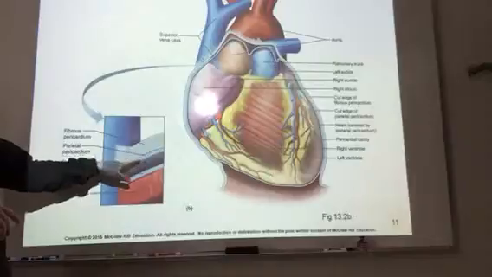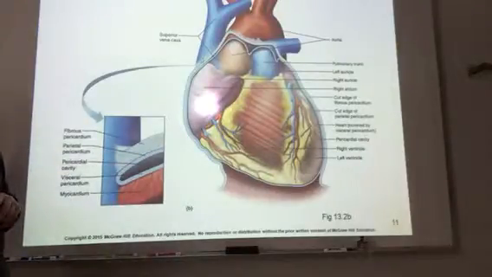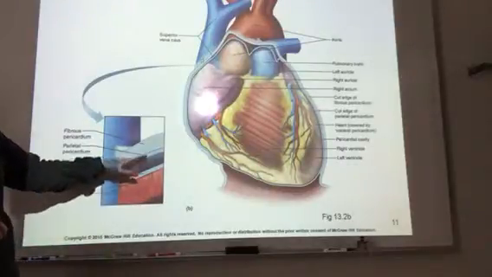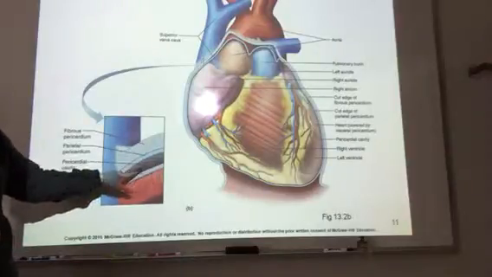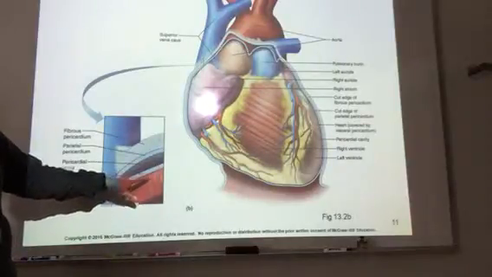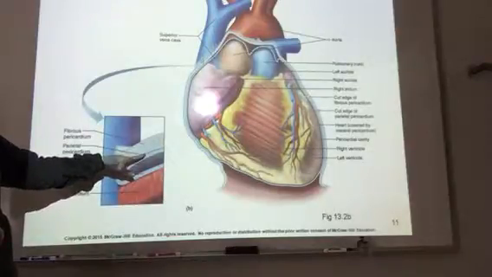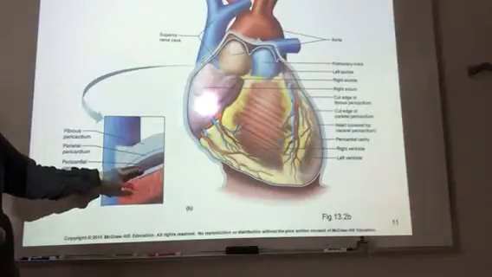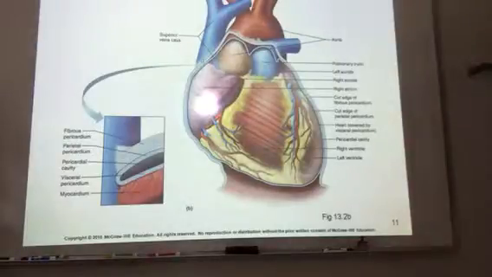And then parietal is, if you remember from, I think it might have been the first chapter, visceral lines the organ, parietal is on the outside, and then you have a cavity in between. So visceral on the organ, parietal outside of the cavity, and then this is where that serous fluid is to protect the heart and prevent friction and rubbing and such.